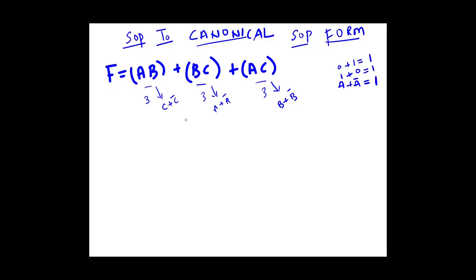I'm adding this to the expression so that I get all 3 literals in one minterm. So my next step would be: this is AB, so A into B into C plus C bar.